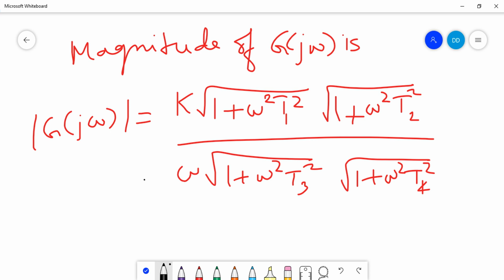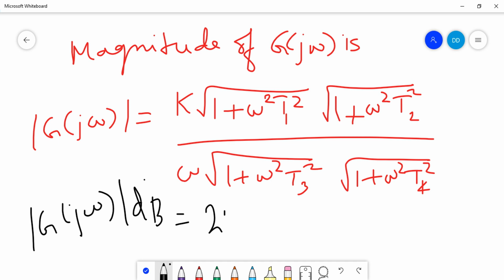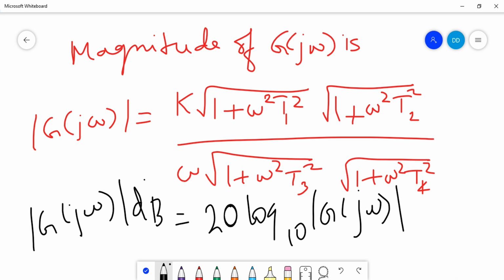If we want to obtain the magnitude of G of j omega in decibels, we have to multiply it by 20 and consider logarithm to the base 10. So G of j omega in decibels is equal to 20 log to the base 10 into the magnitude of G of j omega.